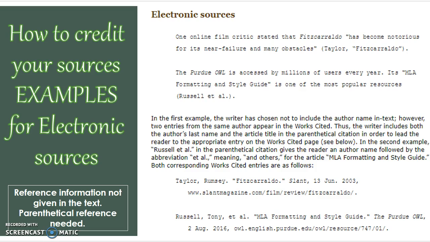The website is mentioned in text, but not the author. And because there is an author for the information, that would be included in the parenthetical citation as well. So, if your reference information, your author, is given inside of your text, no parenthetical citation. If your reference source is not noted in your text, then you do have to have a parenthetical reference, but you do not need a page number.